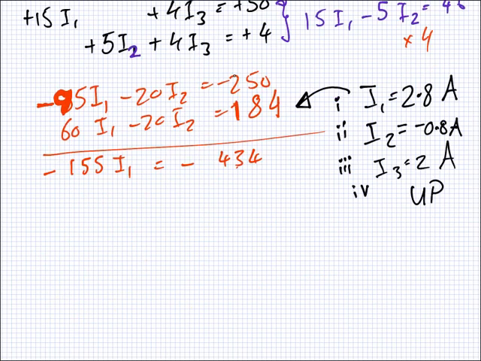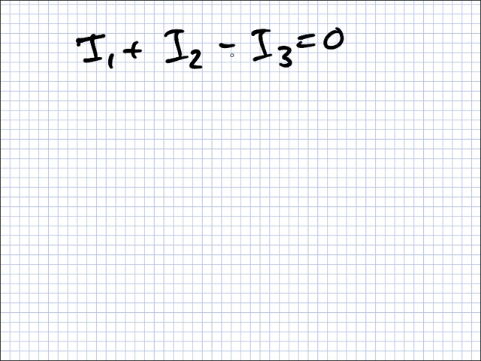Lynn, what was your one? Sorry, I should do it in order. Harry, what was your one? I1 plus I2 minus I3 equals 0. Okay. Now, Lynn, give me your one. 7 minus 4I1 minus 6I3 minus 2I1 equals 0. I want to try and keep them in order. How many I1s do you have?